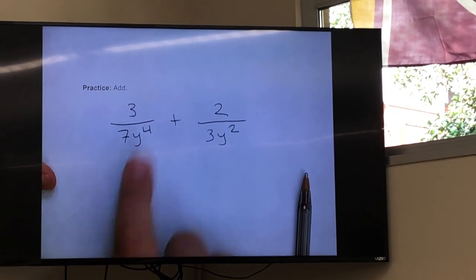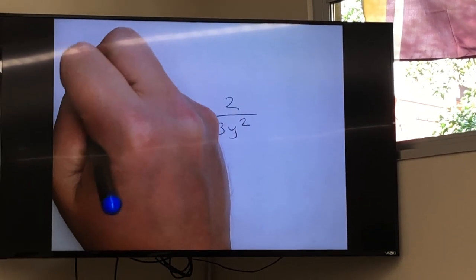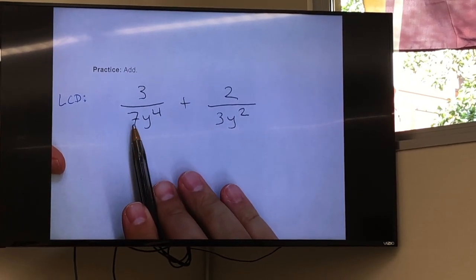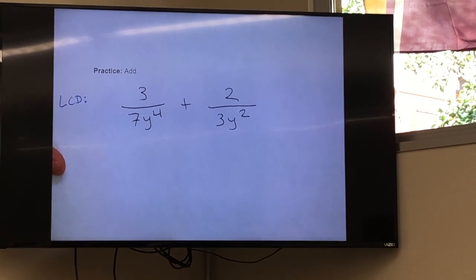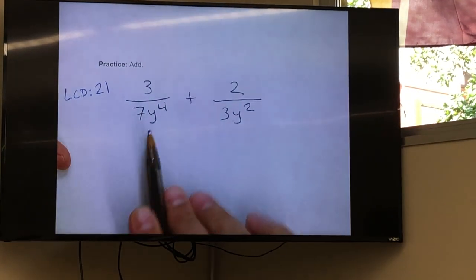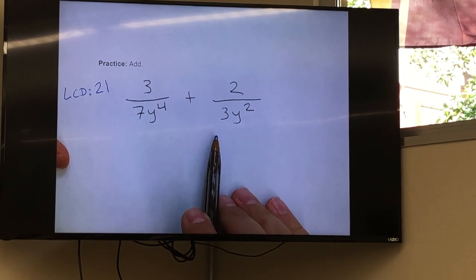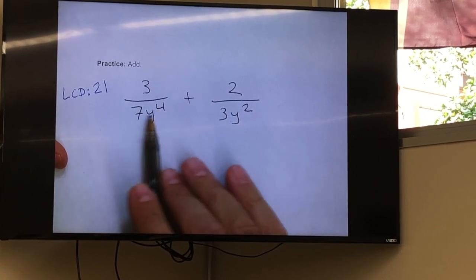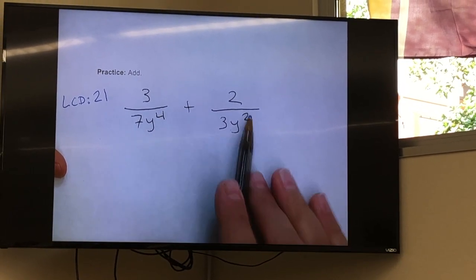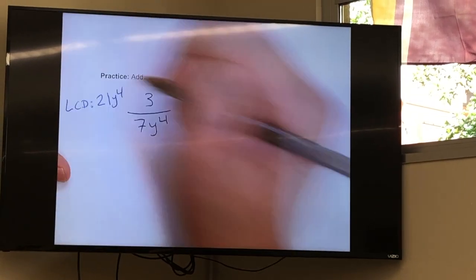All right, so we're back and we're looking at what was our LCD first. Our LCD is going to be the common denominator that we're going to make. Looking at our constants, what number can 7 and 3 become? 7 times 3 is 21. And then what can y to the fourth and y squared become for a common denominator? As Miss May likes to tell you guys, it's usually the biggest exponent. So y to the fourth and y squared can become y to the fourth, so we will keep y to the fourth.